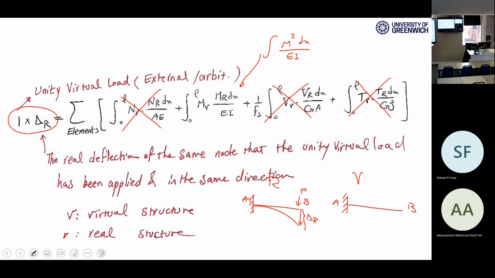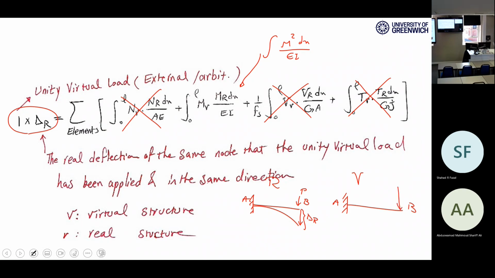If you're aiming to calculate delta R, you should go to your virtual structure and put a force on the same point where you are aiming to calculate delta, meaning B, in the direction in which you are calculating delta, meaning vertical.